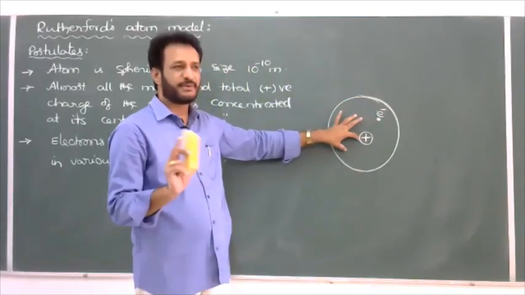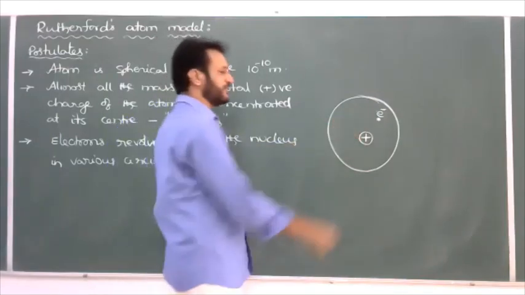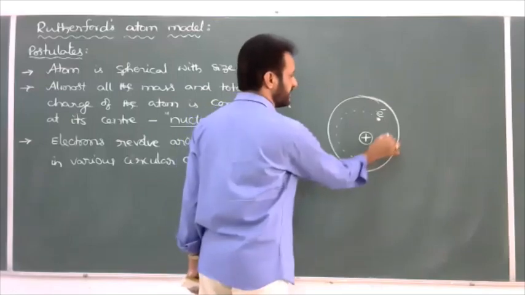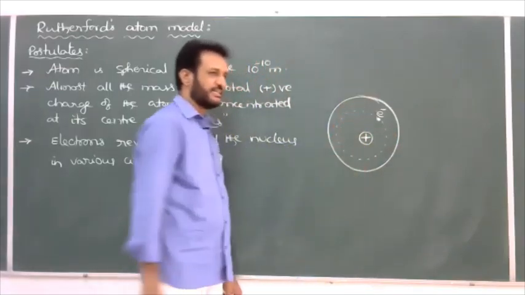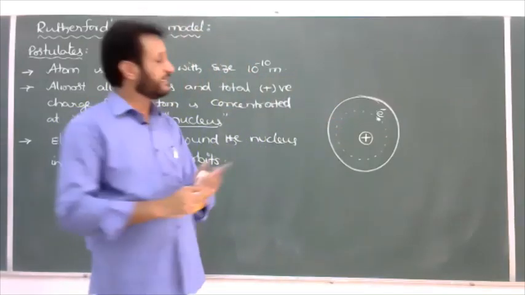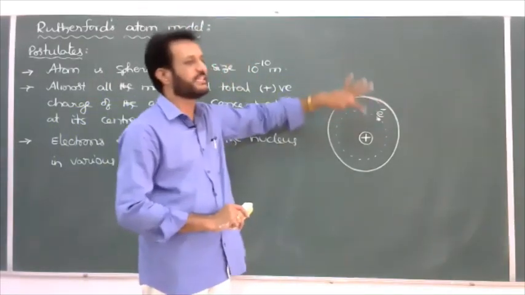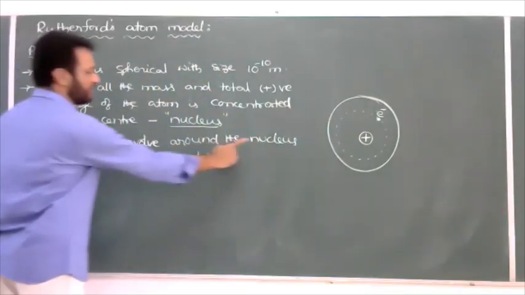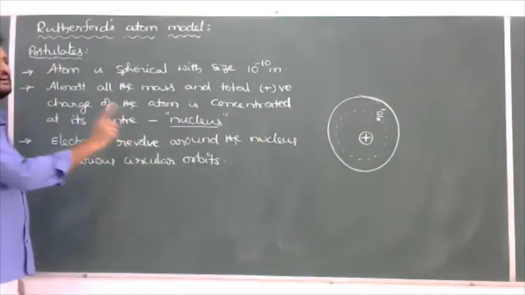That's why Rutherford thought the electron is not at rest. The electron moves around the nucleus in various circular orbits.